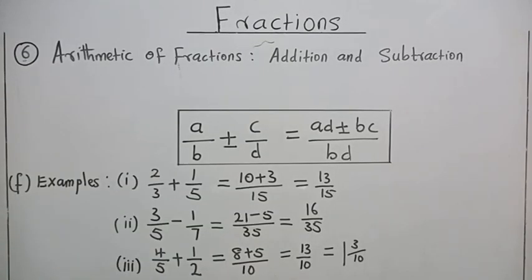And now let us see examples. 3 examples of addition and subtraction of 2 fractions with this formula. 2 over 3 plus 1 over 5. In this case, our A is 2, our B is 3, our C is 1, our D is 5. How do we get what is next?